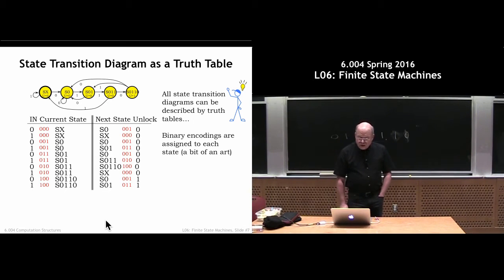Right, so the first thing we need to do is to actually change our symbolic names into some sort of binary representation for the state. Here I've sort of arbitrarily just numbered the states 0, 1, 2, 3, 4 in binary.